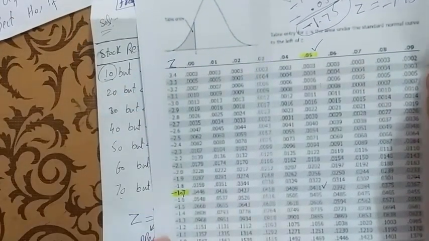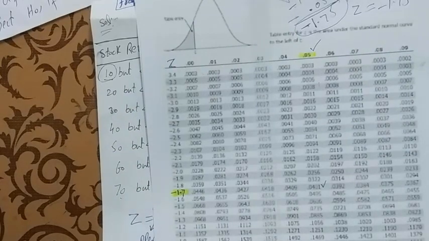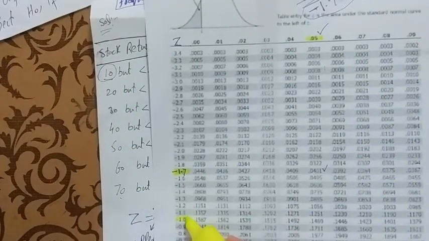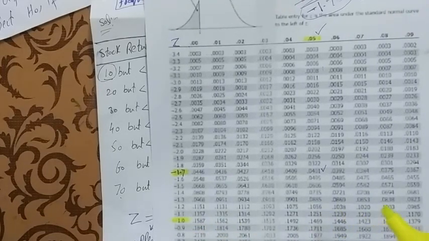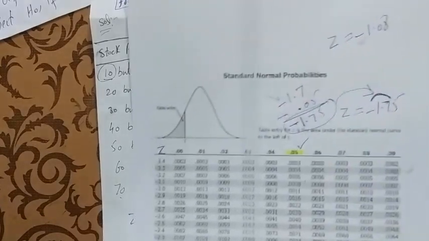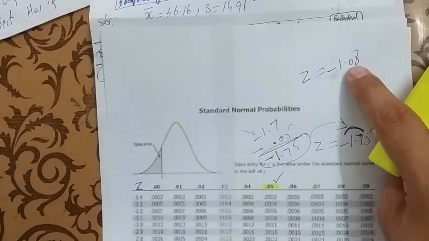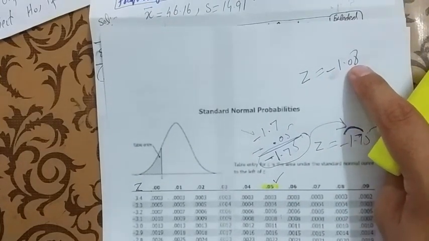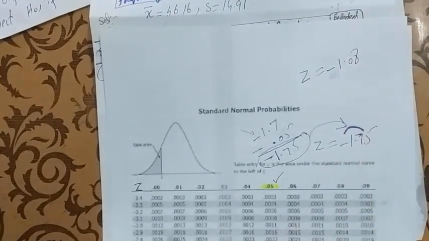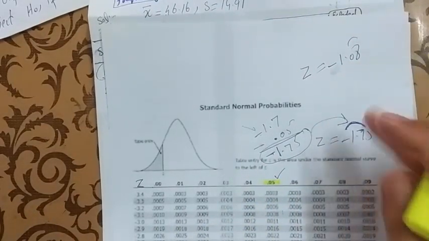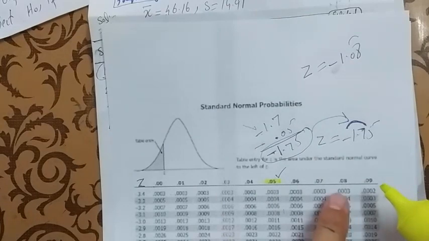Here this is the minus 1.0, and we check the corresponding value, which is 0.08. We find out this is 0.08.